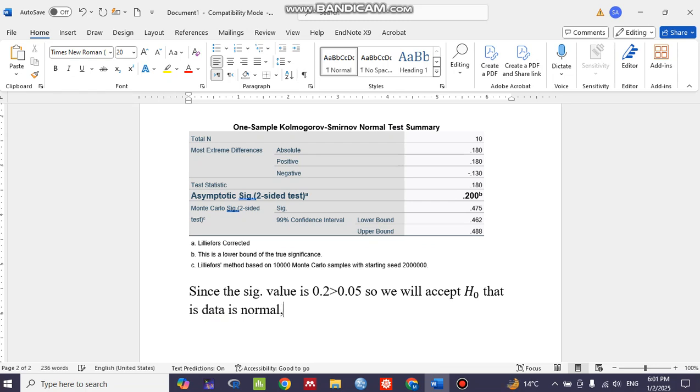Now since data is normal, we will go for paired sample t-test for our main hypothesis.